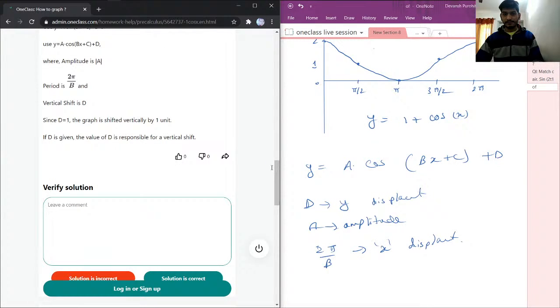Here again, the solution given is correct. Nice work.